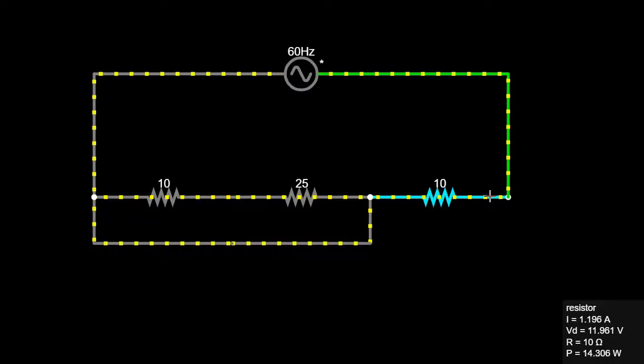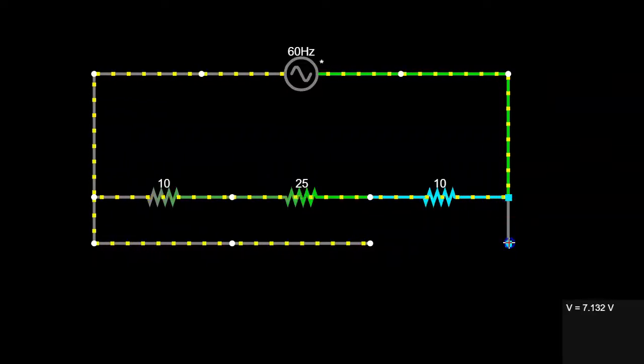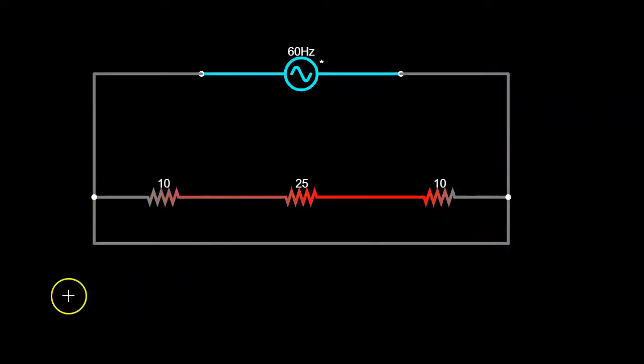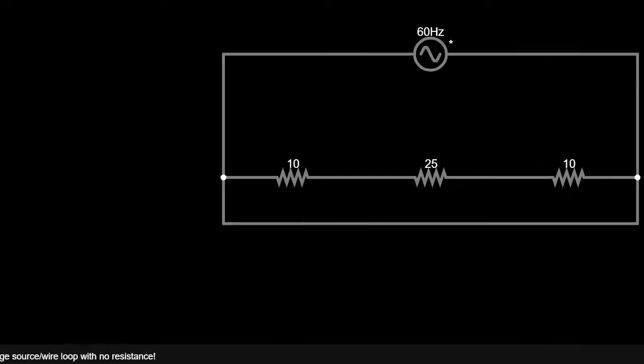in the pathway. If we short across that source, we will see something catastrophic. The simulator goes, no, I'm not taking that. And let's notice something here. I'm going to cut this wire right here, and I'm going to add a wire right there. And if I draw this to here, I get that same voltage source wire loop with no resistance.